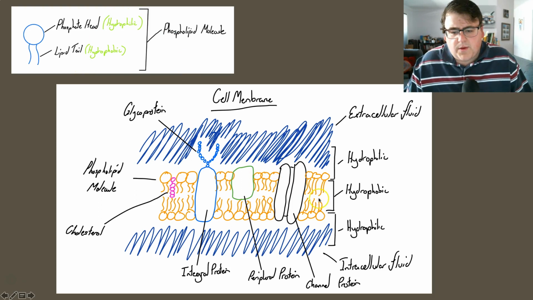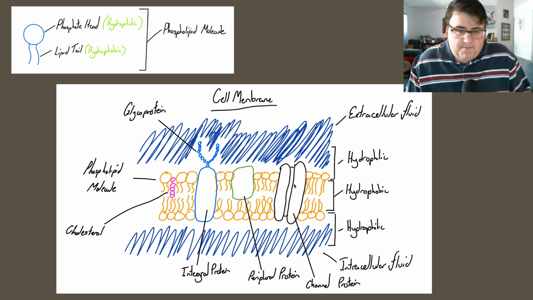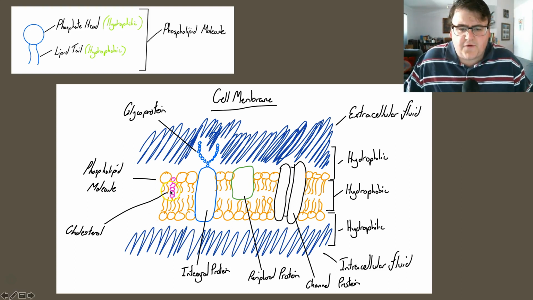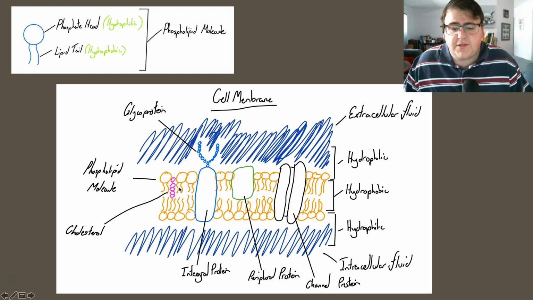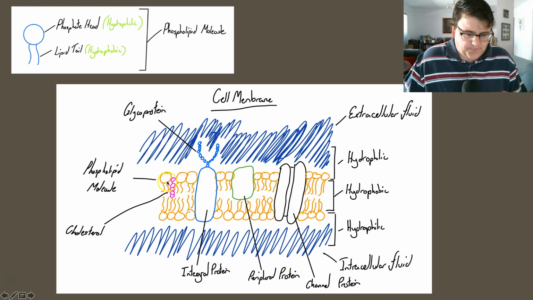We end up with a system like this, where we have all our phosphate heads either facing the extracellular fluid or the intracellular fluid, and then all of our lipid tails on the inside where no water or liquid can get to them, so they're able to stay away from it and make themselves happy because they're hydrophobic. So the cell membrane is just made up of those hydrophilic and hydrophobic interactions, which makes the membrane form that bilayer that we often talk about.